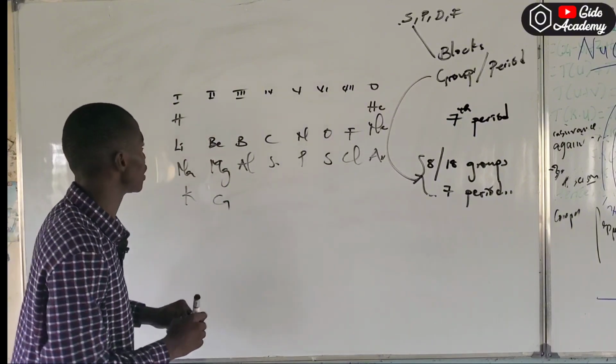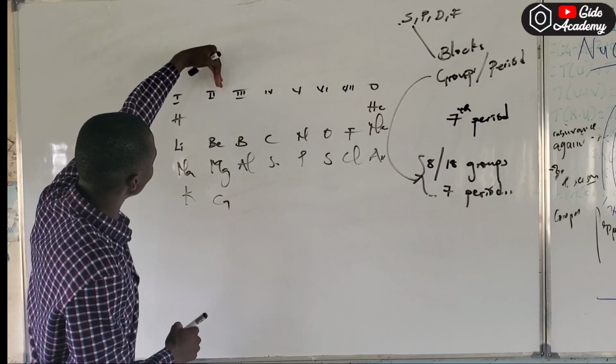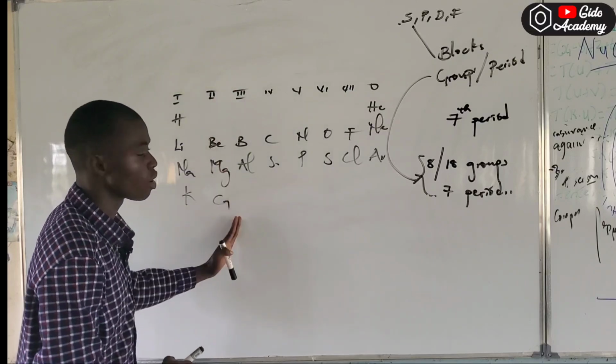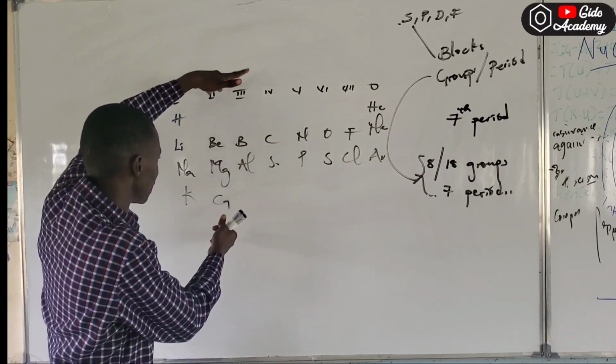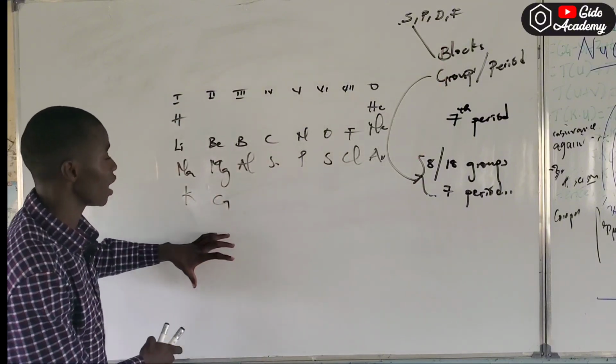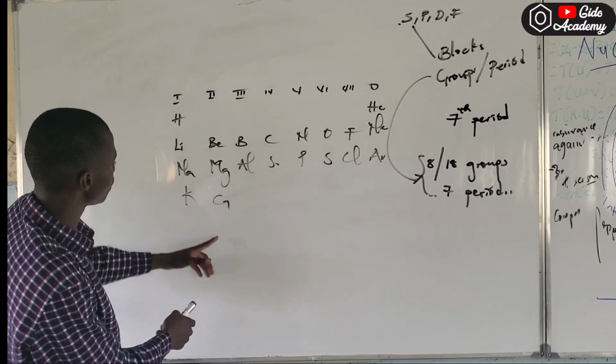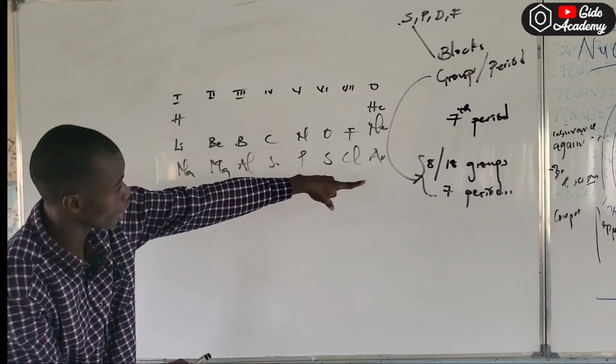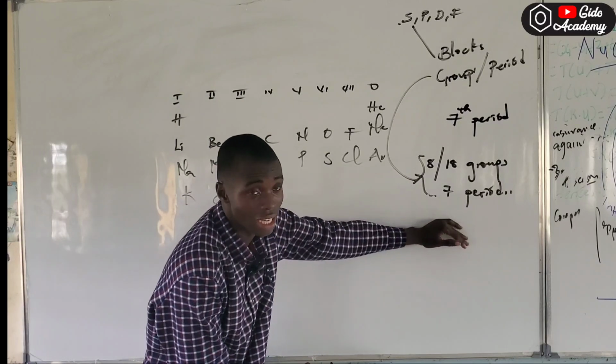In between group 2 and group 3 is the D block element. And in period 6 and period 7, there's the F block element, which is the lanthanides and the actinides.